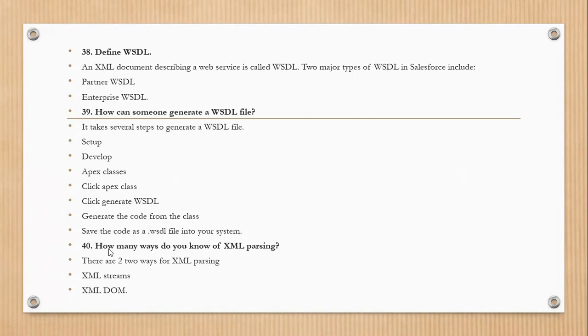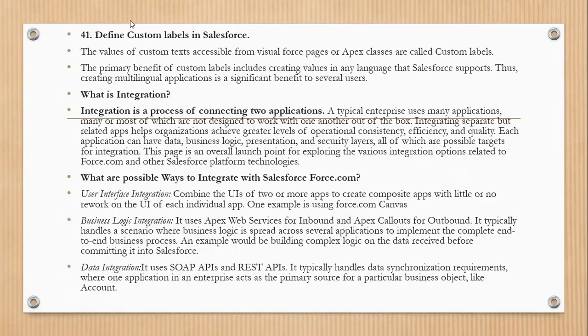Next question, how many ways do you know of XML parsing? There are two ways for XML parsing: XML stream and XML DOM. Next question, define custom labels in Salesforce.